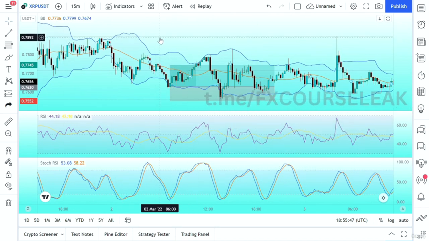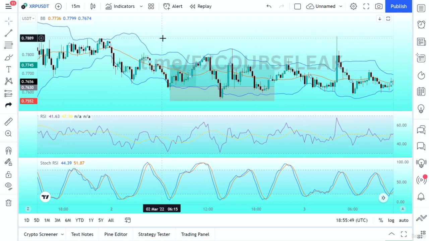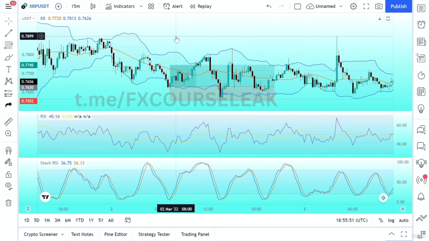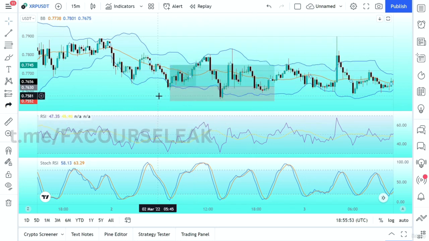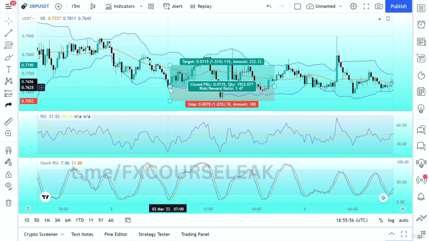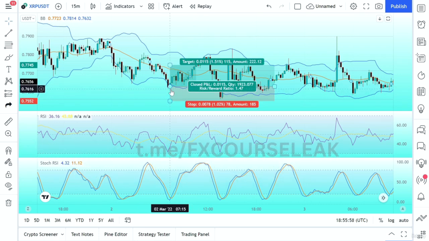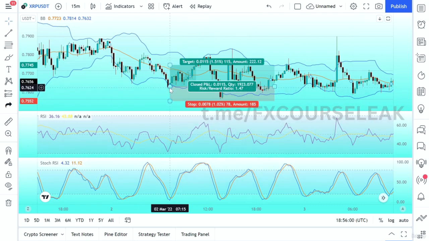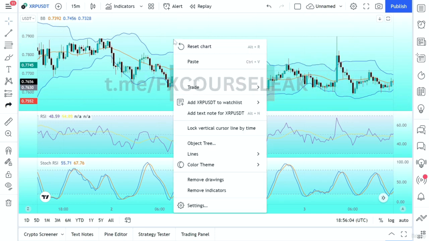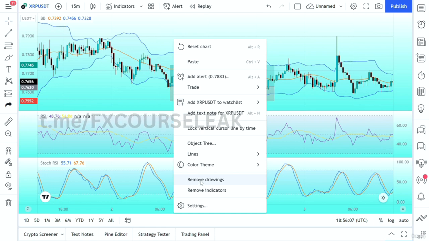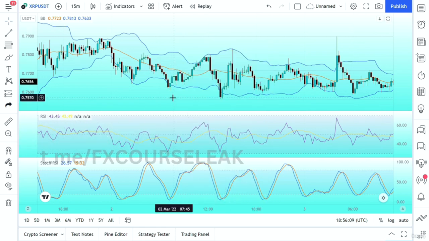So this is how you can exit from this scalp trade on the 15-minute time frame, or this is how you can long the market on the basis of this strategy. How to short the market on the basis of this strategy? For shorting the market, I will reverse all these rules.